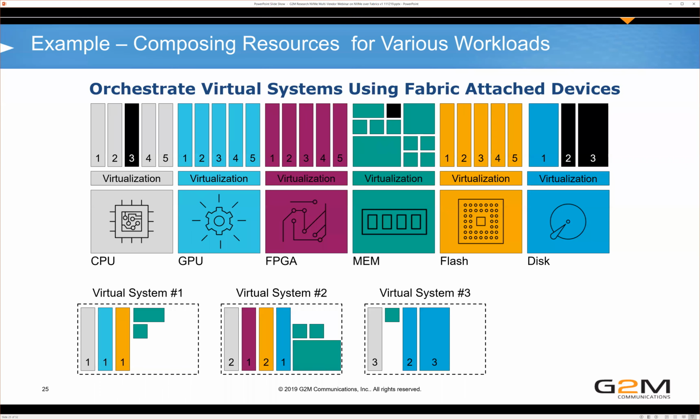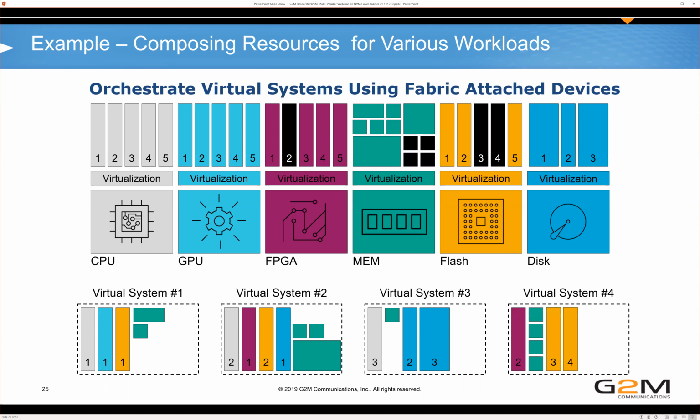You then have a third workload, which needs really just CPUs and disk, a little bit of memory. And we can all think of a workload like backup, archive, something like that would require a lot of disk, tiny bit of memory, tiny bit of CPU. And then finally, you've got your fourth workload, which really needs an FPGA, like a Xilinx storage coprocessor. And we were actually working with Xilinx on that.